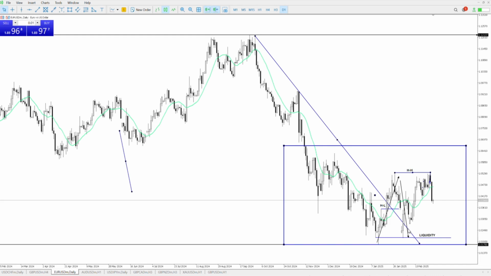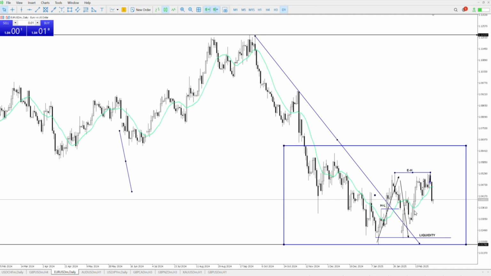So now, after the retest, the next move that happened was price went back up to this point. So USD went back up to form an equal high on the daily time frame.